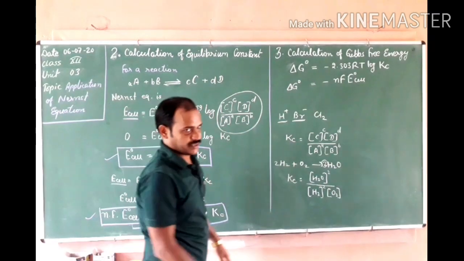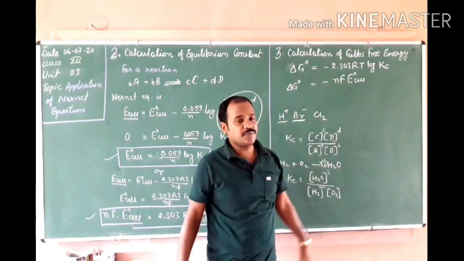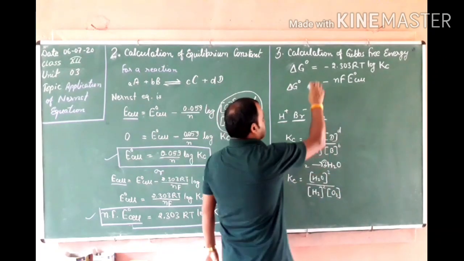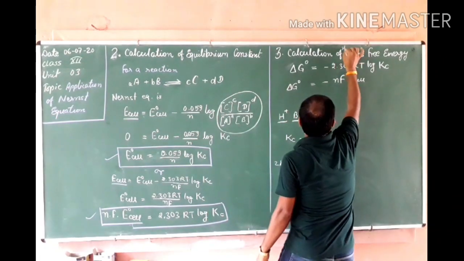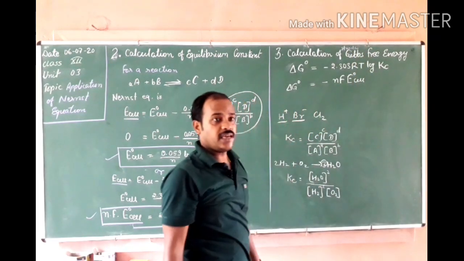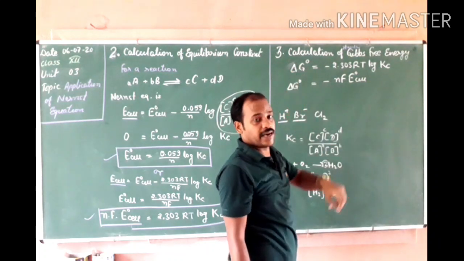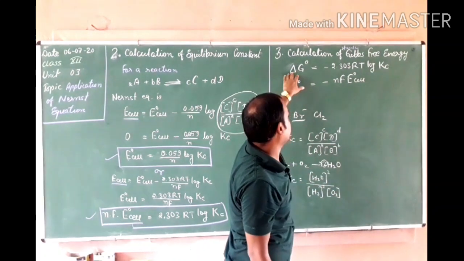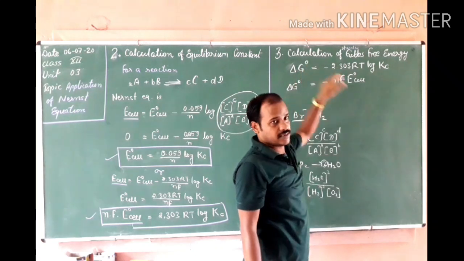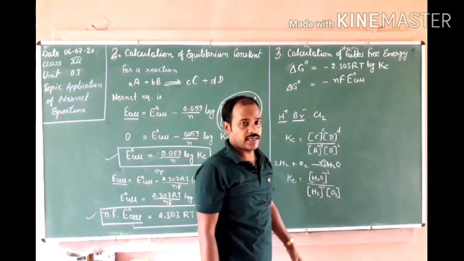Now come to the next. The third application is to calculate the standard Gibbs free energy. How can we calculate it? In class 11 thermodynamics, we studied that delta G naught is equal to minus 2.303 RT log Kc.